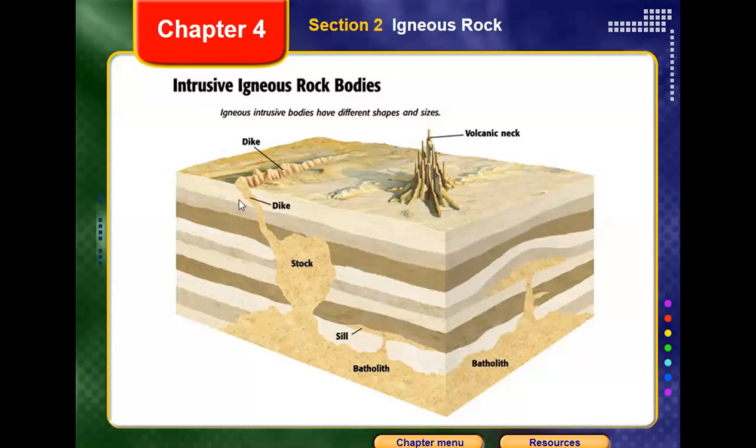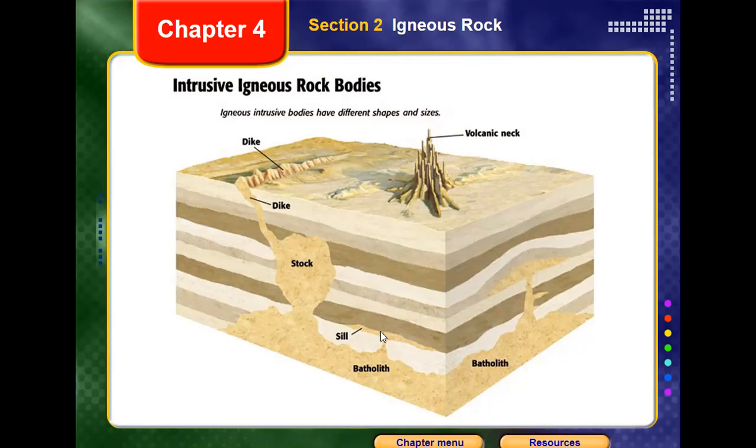Here we have the dike and the sill. What is the difference between them? Both are very thin intrusive igneous rock moving within the different layers of other rocks. But the dike passes across and cuts the old layers of rock. For example, these layers represent sedimentary rock, and here is an intrusive igneous rock that passes across the layers of sedimentary rock, cutting them.